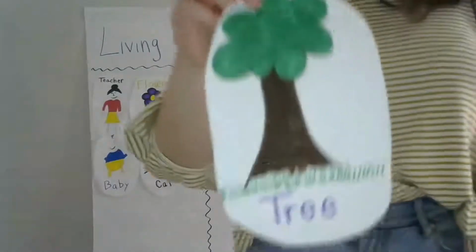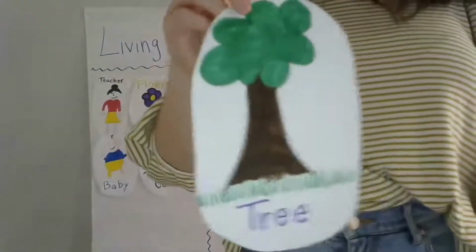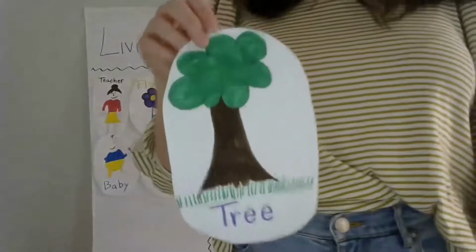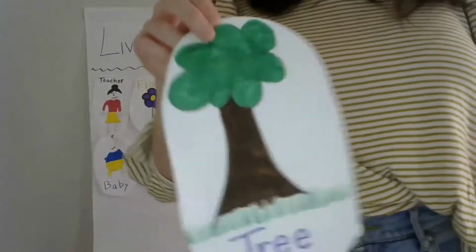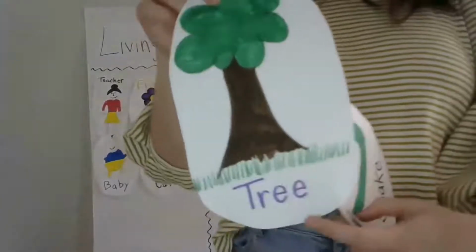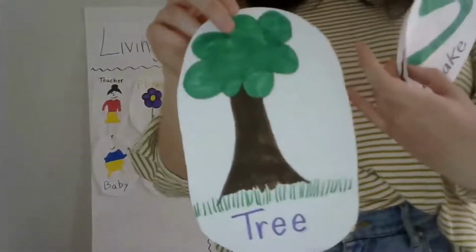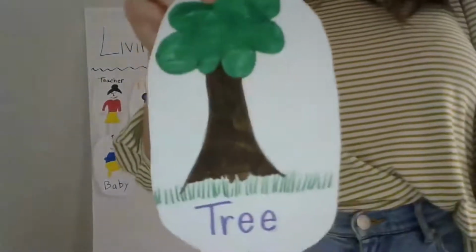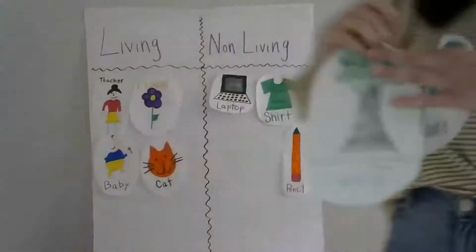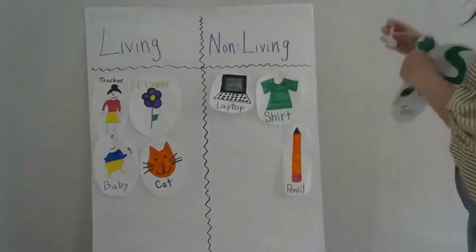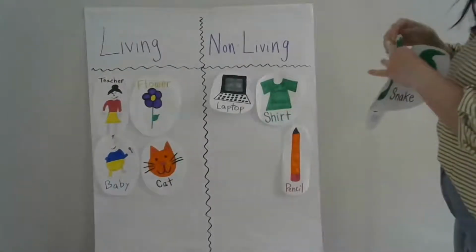The next one is a tree. Maybe from where you are, you can look outside and see a tree growing. What do you think? It's growing. It definitely needs lots of space for its roots to grow down and its branches to stretch out. Tree needs sunlight, energy, and water. Trees are living things. That's great.